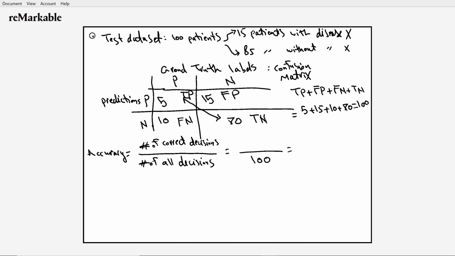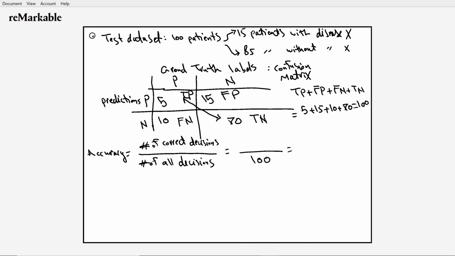So coming back to computing accuracy, we know we've made 100 decisions, and the question is, how many of these were good decisions? As you can see, the numbers on the diagonal of this table, the true positives and true negatives, are the good decisions.